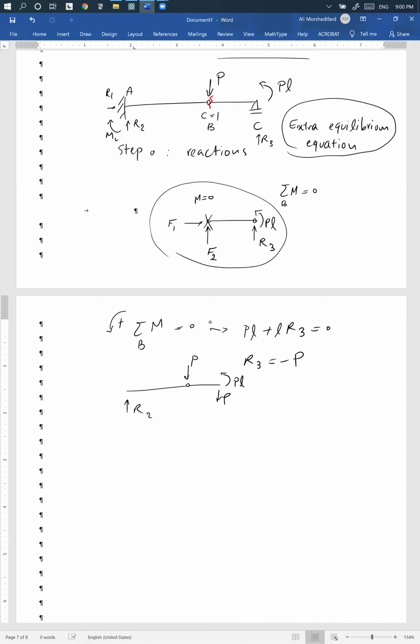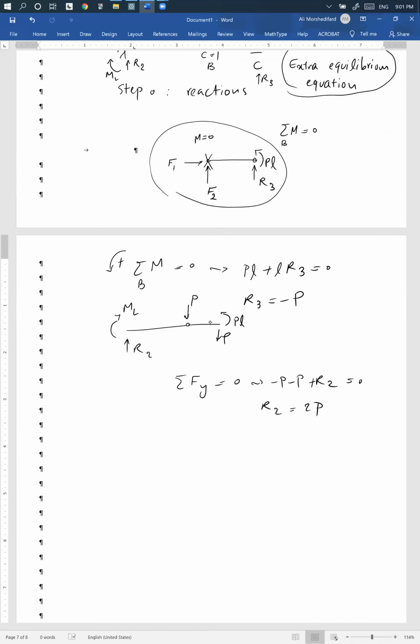If you see that no external force is horizontal along the beam, you don't need to even put the horizontal component of reactions. So I just got rid of that one. I put this as MF. All right, so sigma Fy is 0. So negative P minus P plus R2 is 0. R2 is 2P.